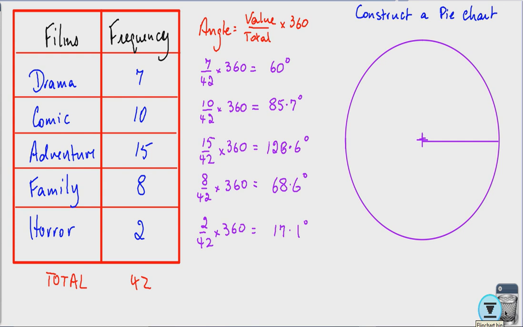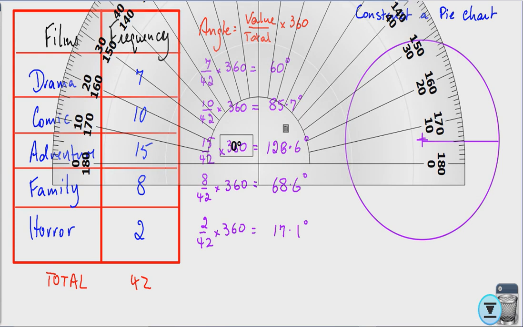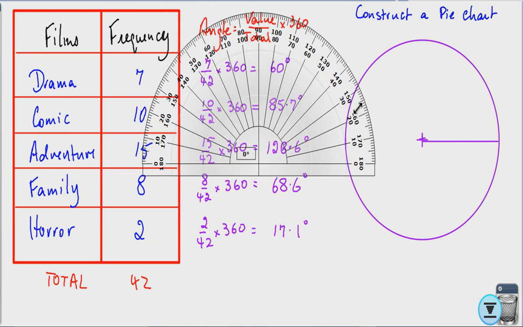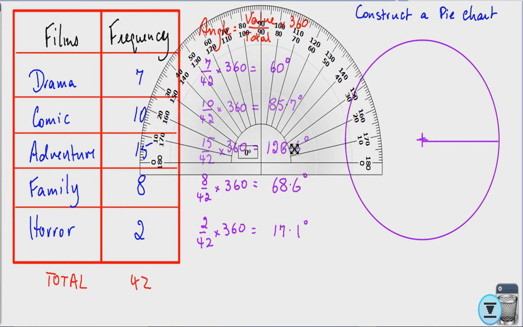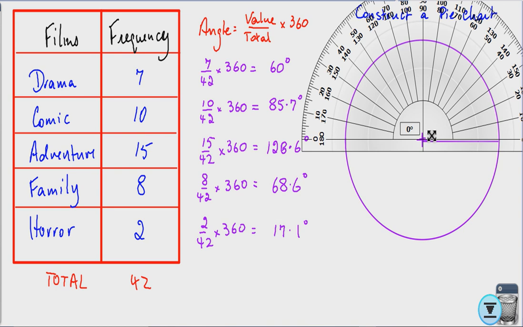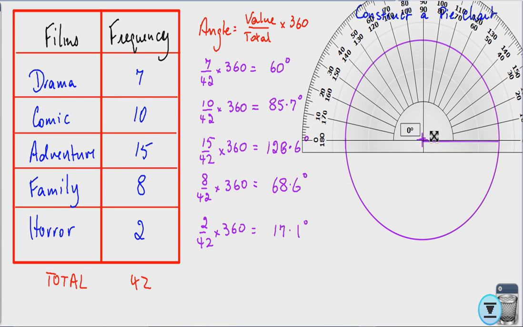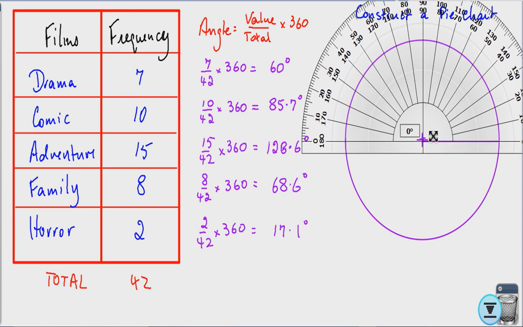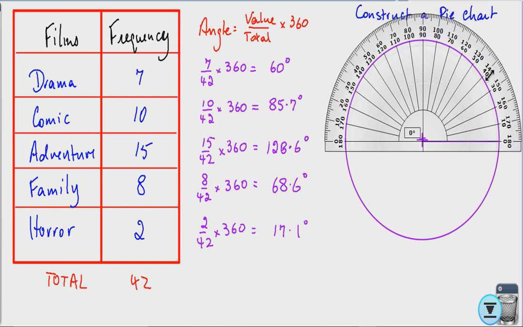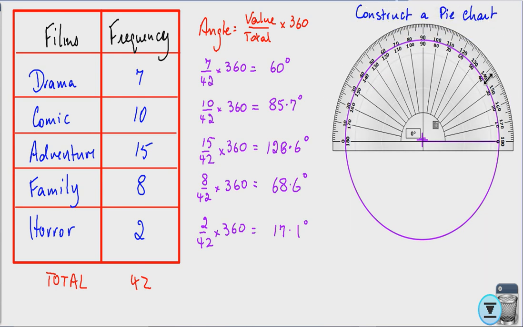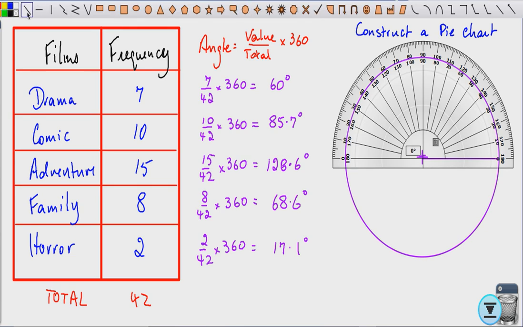But then you have to use your protractor and work out clockwise or anti-clockwise. So I'm going to use my protractor. And I'm going to start from there. Okay, I'm going to use clockwise, an anti-clockwise dimension.